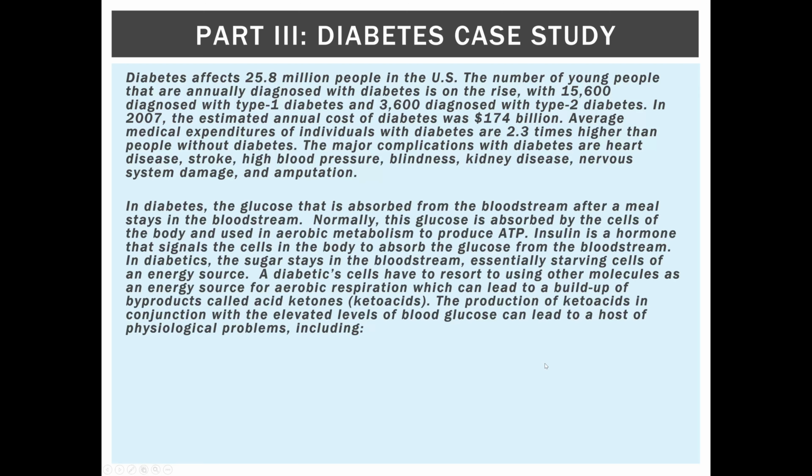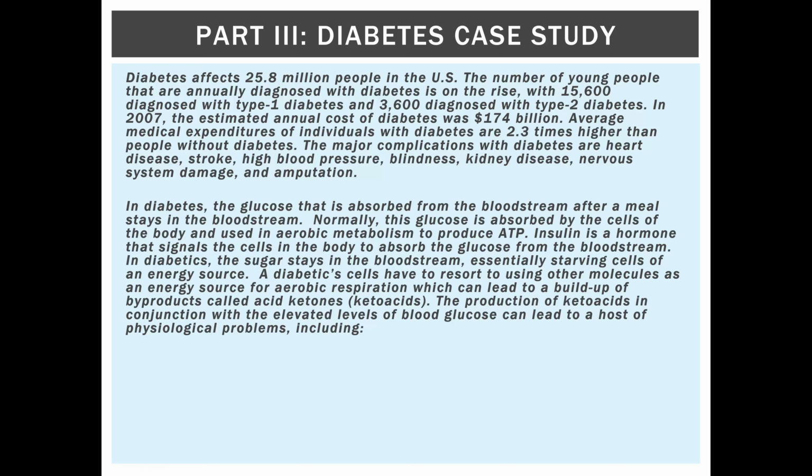In diabetes, the glucose that is absorbed from the bloodstream after a meal stays in the bloodstream. Normally, this glucose is absorbed by the cells of the body and used in aerobic metabolism to produce ATP. Insulin is a hormone that signals the cells in the body to absorb the glucose from the bloodstream.